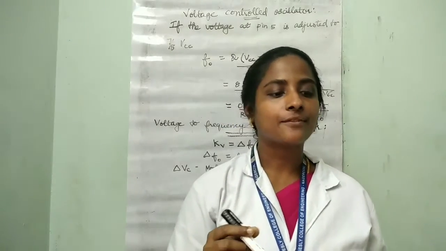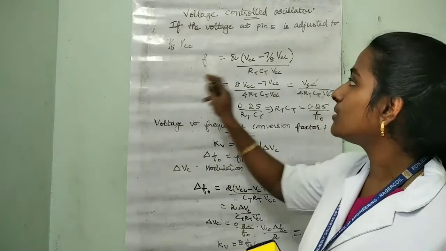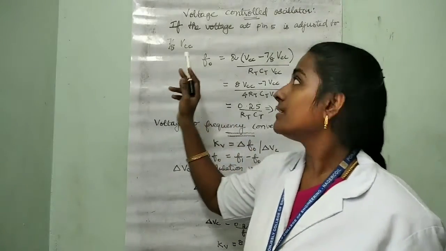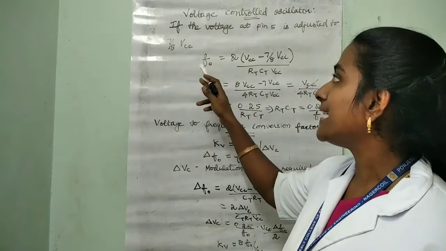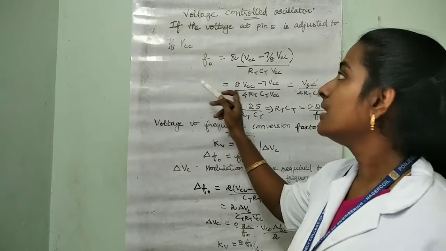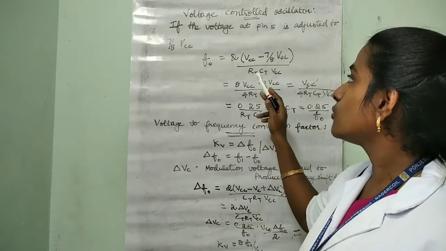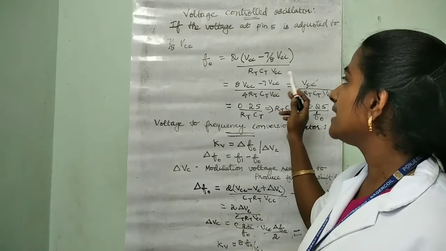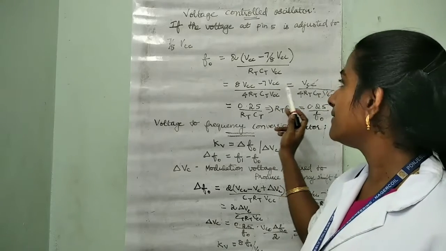Here, if the voltage at pin 5 is adjusted to 7/8 VCC, then F0, that is the frequency, equals 2 into (VCC minus 7/8 VCC) divided by RT CT VCC.